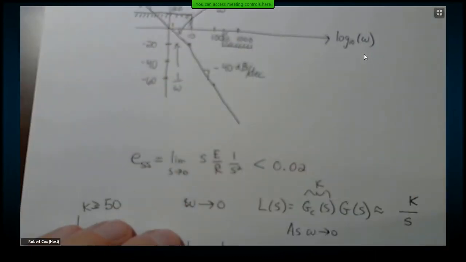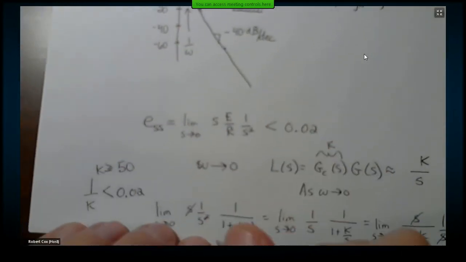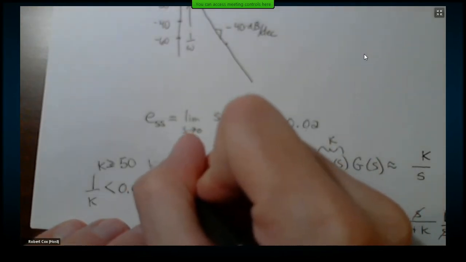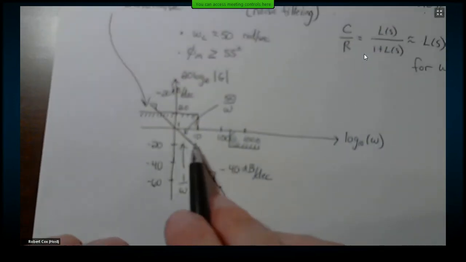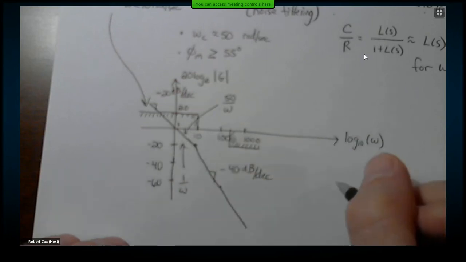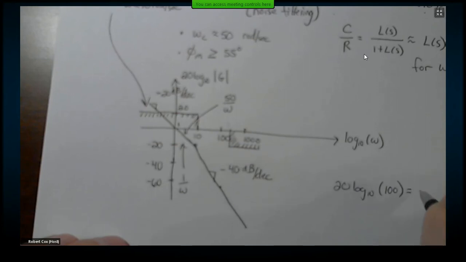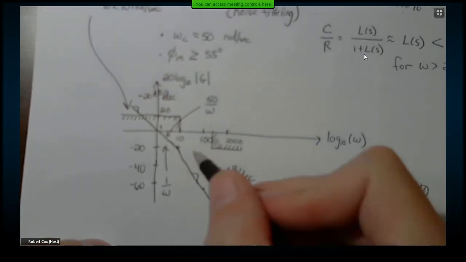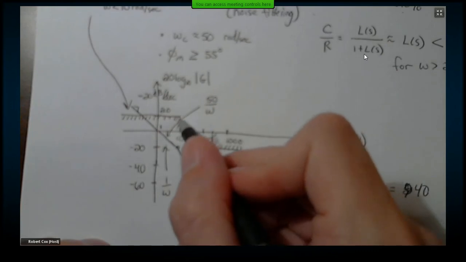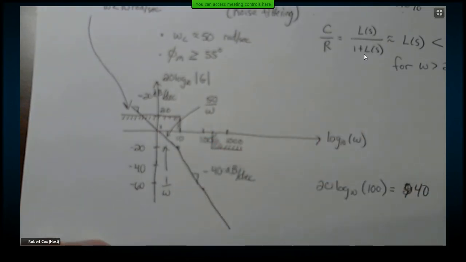So instead, I'm going to set k equal to 100. So it's greater than 50, and it ensures that I move this point here at minus 20 dB up 40 dB. Remember, 20 log 10 of 100 is equal to 40. So I'm going to take this at minus 20 and raise it up to 20. Minus 20 plus 40 equals 20.